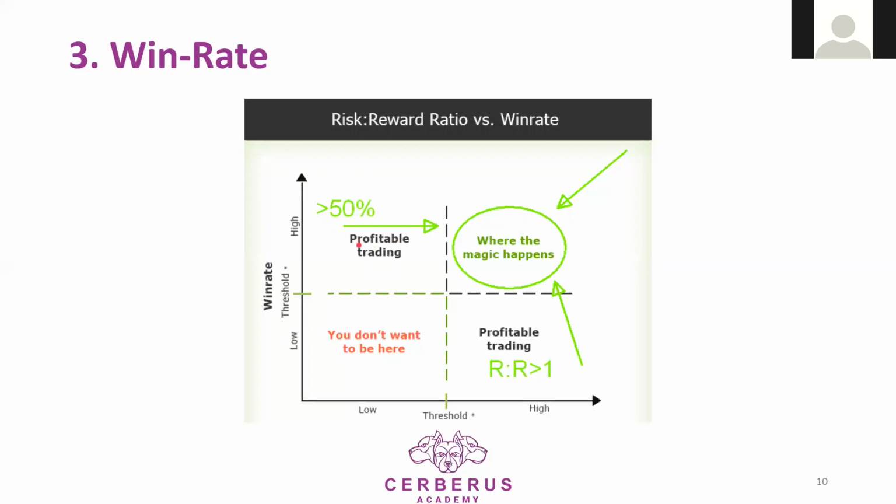But if we are here with a low reward, it means that we will have incredible pressure upon us. But if we have a high win rate with a high reward, well, you will be a professional trader. This is the difference between the lucky ones, the losers, and the professional.